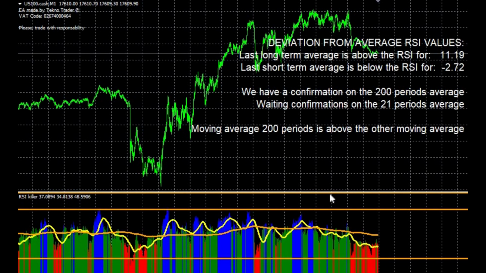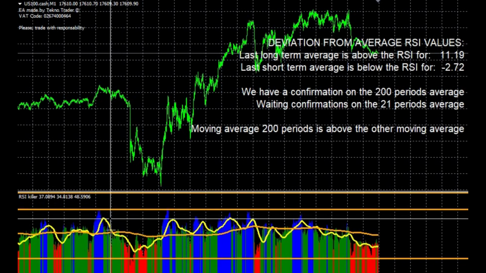Another factor is the position of the moving averages. Like we see here, the 200 period moving average is above the other moving average. So it is something very good for the downtrend. It is significant to see that when the 200 period moving average is above the 21 period moving average, it could be a sign of a weak market, like in that case.